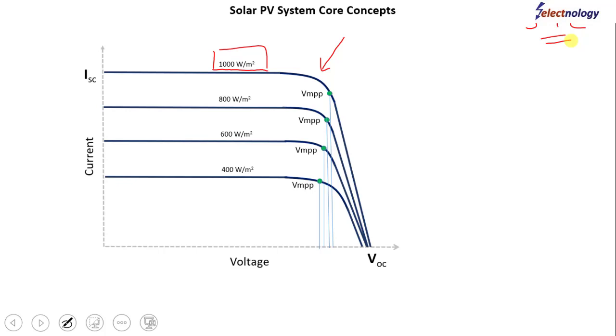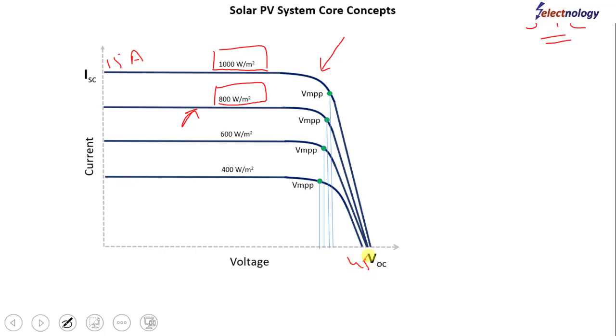Now if the sun energy is 800 watt per meter square, this graph shall define the relationship between the voltage and current. In the previous case we assumed this was 15 amperes, and the open circuit voltage was 45 volts.